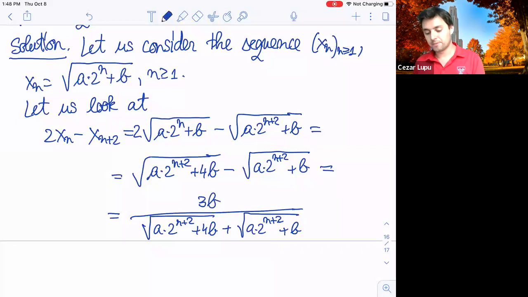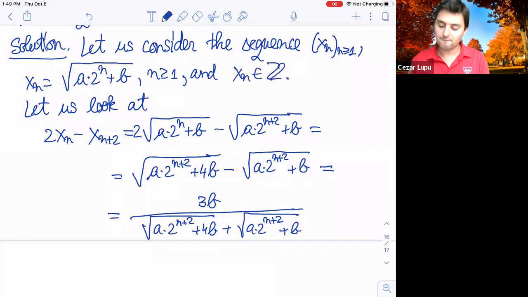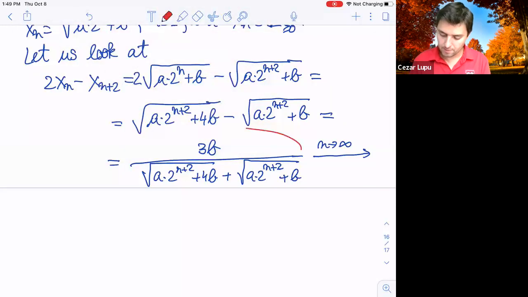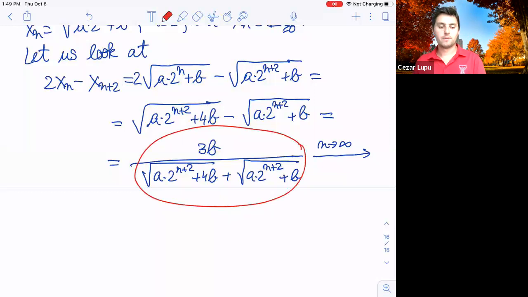Okay, beautiful. Also keep in mind that since this is a perfect square, this sequence belongs to Z. In fact, it's a positive integer, right? Now, as n approaches infinity, what can you tell me about this radical here?